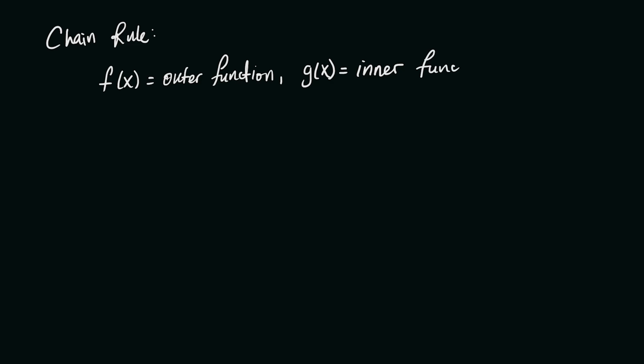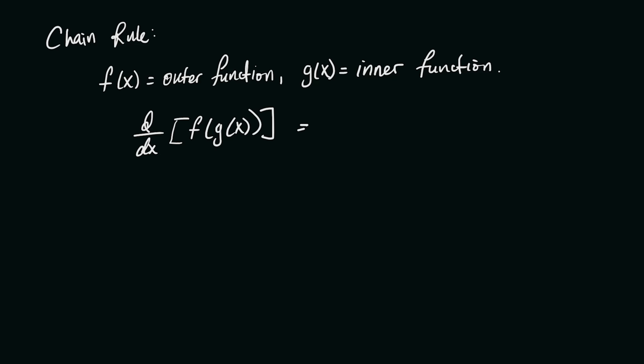And if f of x is the outer function, right, and g of x is the inner function, so now the derivative of f of g of x, that's what it's gonna look like.